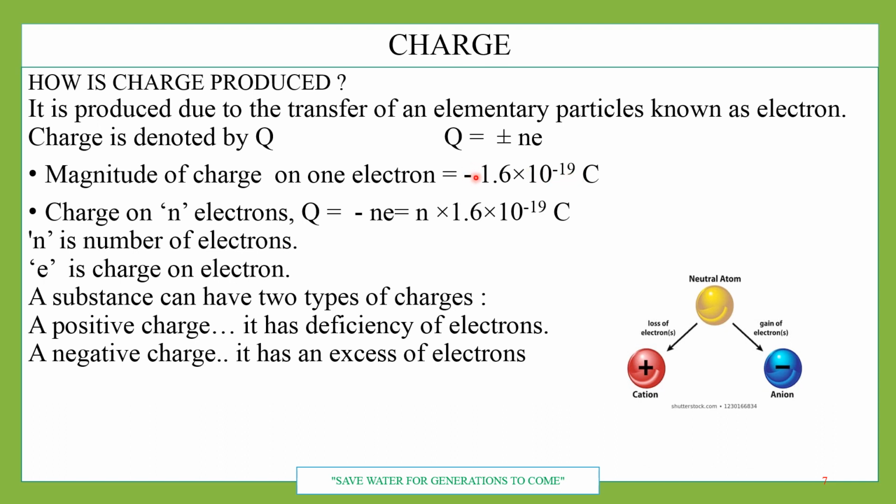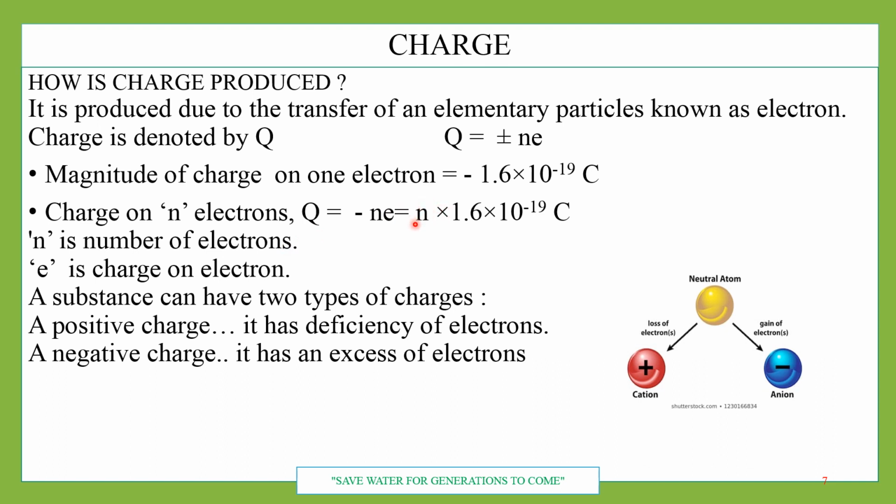The minus shows it is for electron, and for proton it is positive. Charge on n electrons will be minus n into E, or n into 1.6 into 10 raised to the power minus 19. If two charges are there, then 2 into 1.6, 3 into 1.6. N is the number of electrons, and n can never be a fraction.